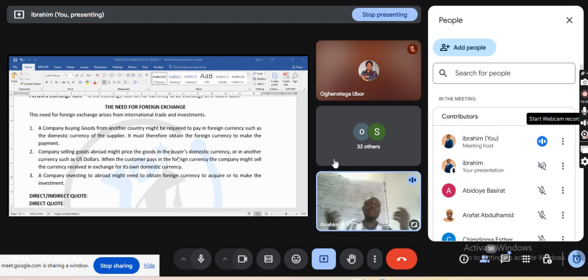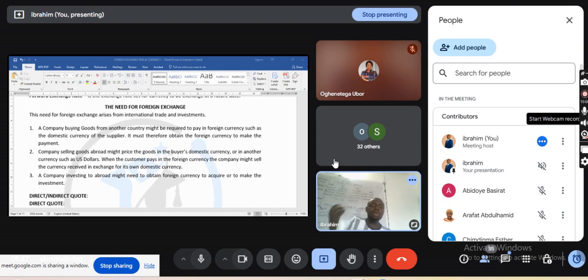That is one of the things that is killing us here. You will see a foreigner buying our goods, and instead of buying based on our domestic currency in naira, they exchange it with dollars. Are we appreciating our currency or depreciating our currency?